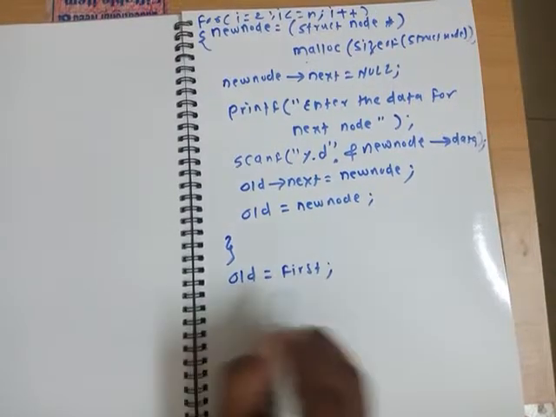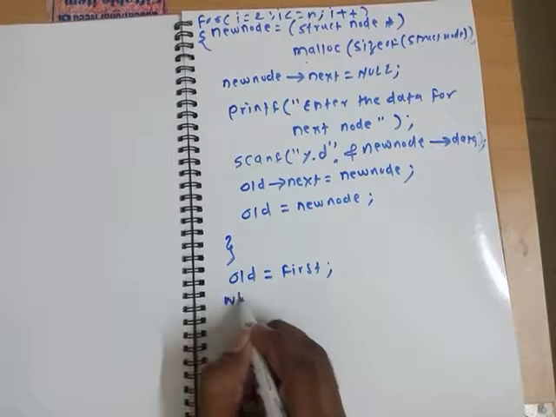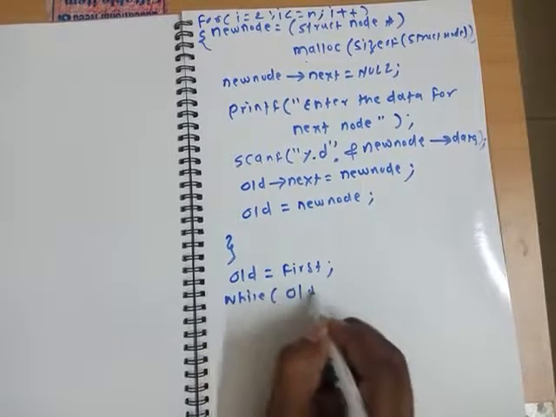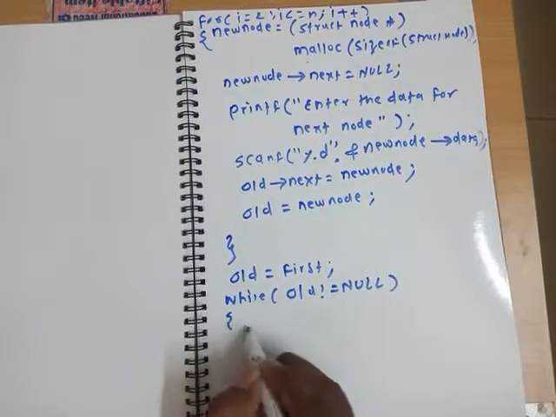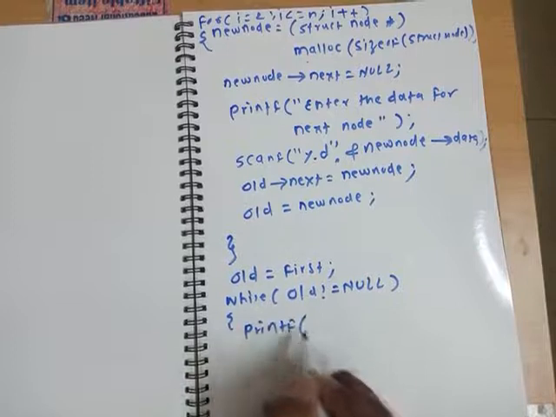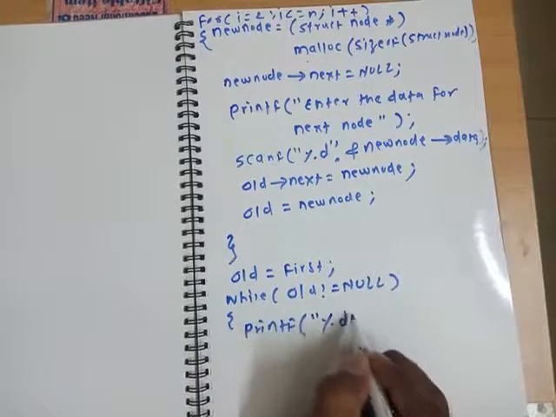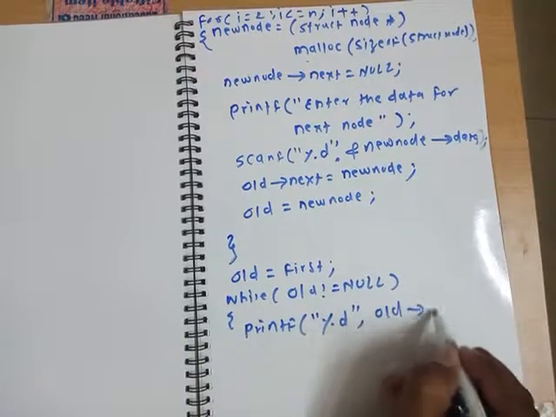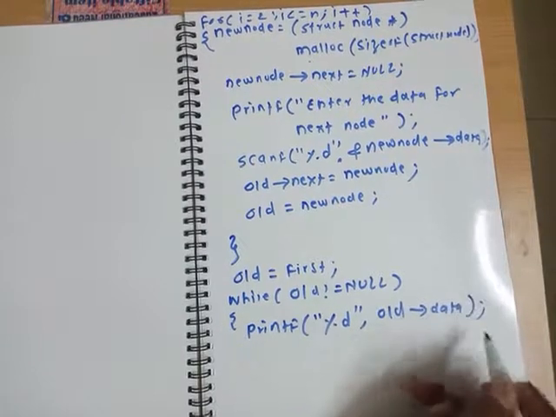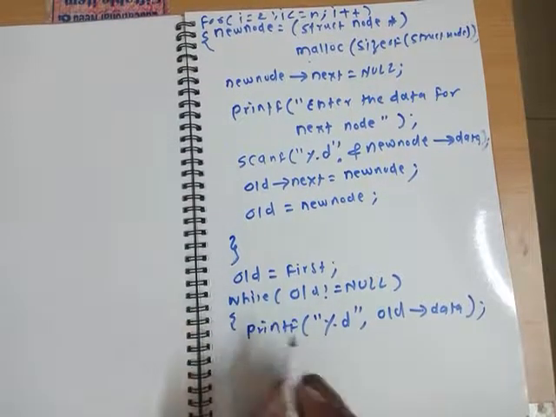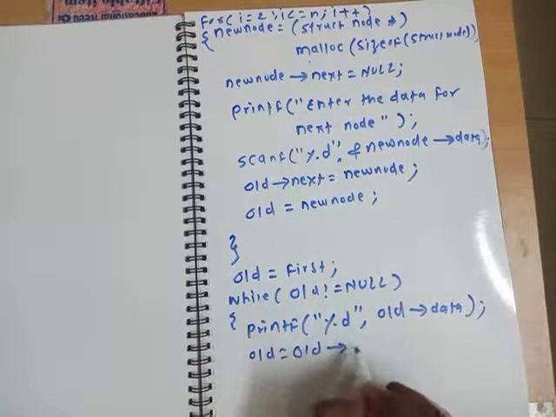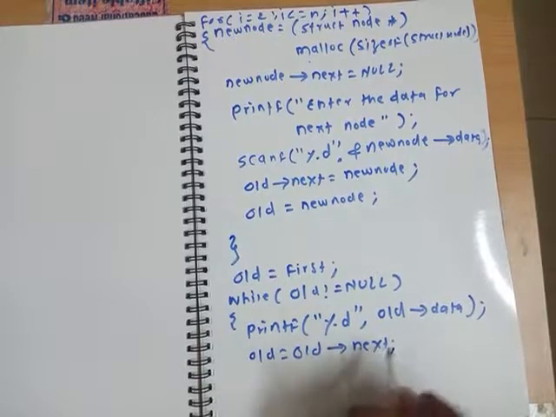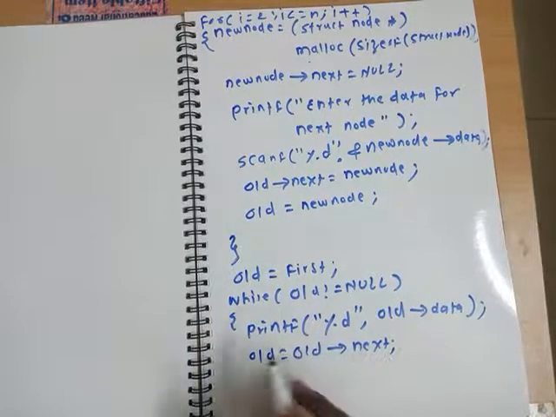Then while old is not equal to null, right? I'll say printf %d old arrow data. After printing the data on the first node, we'll move old to the next node, and the next node is being pointed by the next pointer of the node being pointed by old, right?